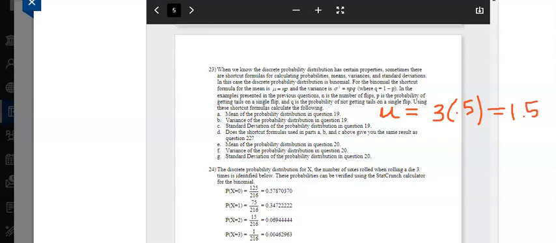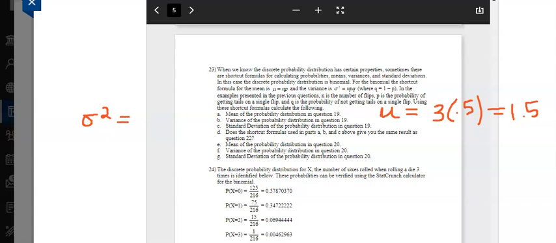Now let's get our variance. According to this, our variance is n times p times q, and q is just the probability of 1 minus p. So 1 minus 0.5 is still 0.5. I'm going to do that out here to the left just because I write kind of big, writing with my mouse, and unfortunately, it's like a first grader's writing.